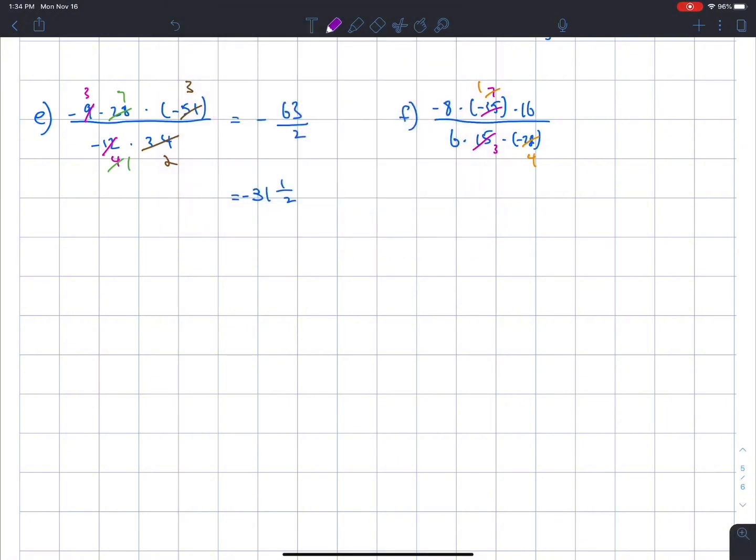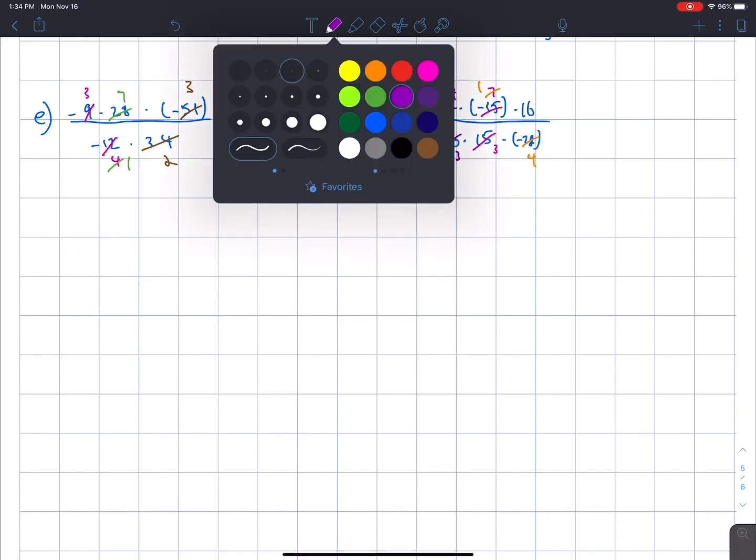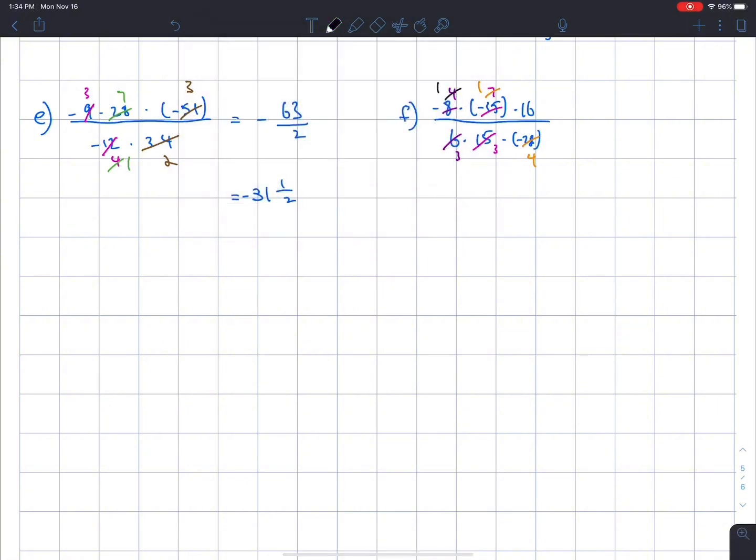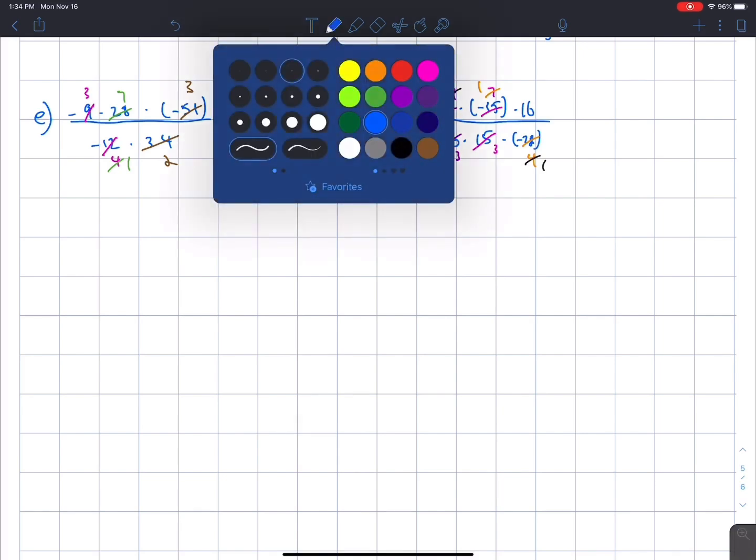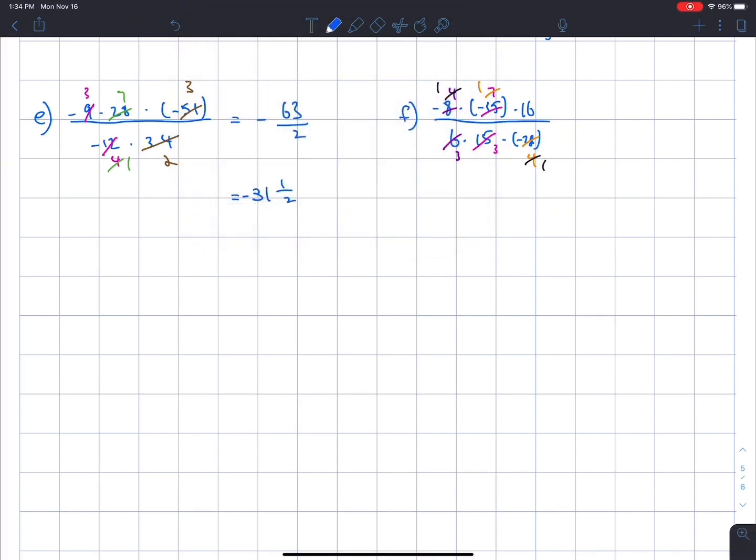I can divide 6 by 2 to get 3, 8 by 2 to get 4. And then I can cross out the 2 4s, this 4 and this 4. And that's it. So in total, we have 3 negatives. Because we have 3 negatives, our answer will be negative. Numerator is just 16. Denominator is 3 times 3, which is 9.